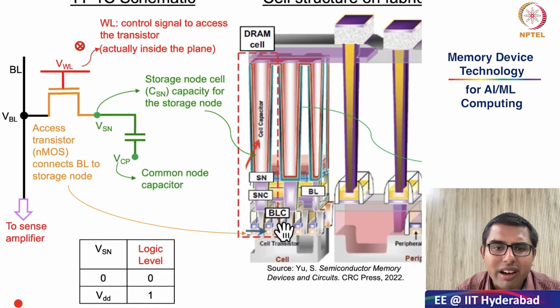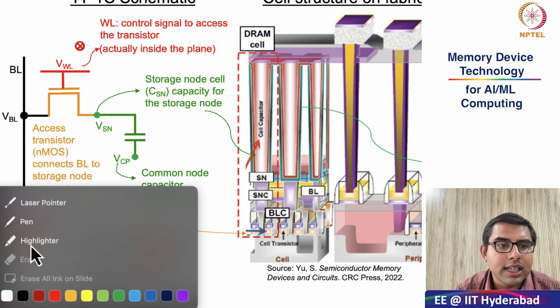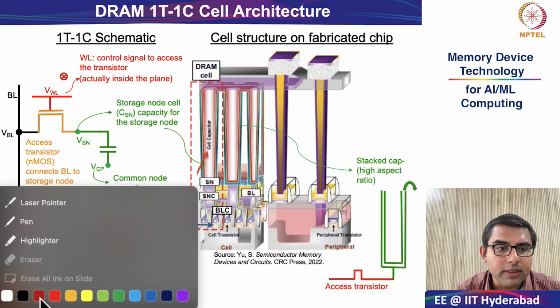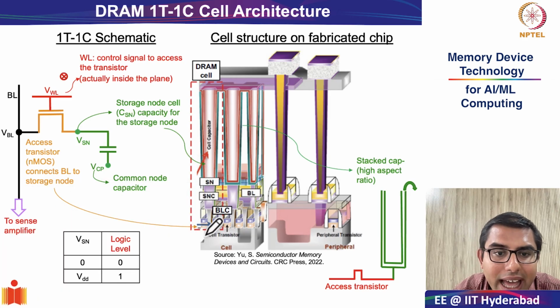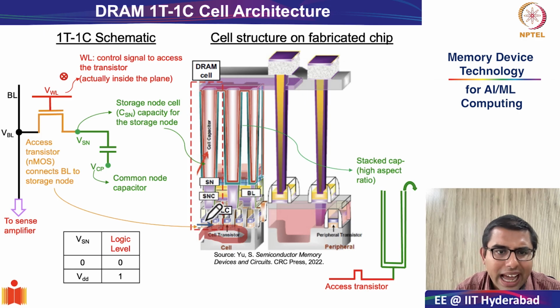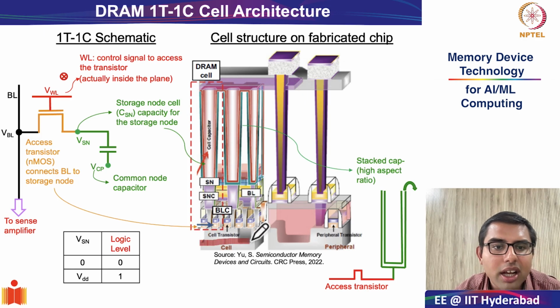As you can see, right at the bottom of the schematic, let me bring out the highlighter, you have your cell transistor. Your cell transistor is nothing but your access transistor, and it is very, very teeny tiny compared to the entire cell.